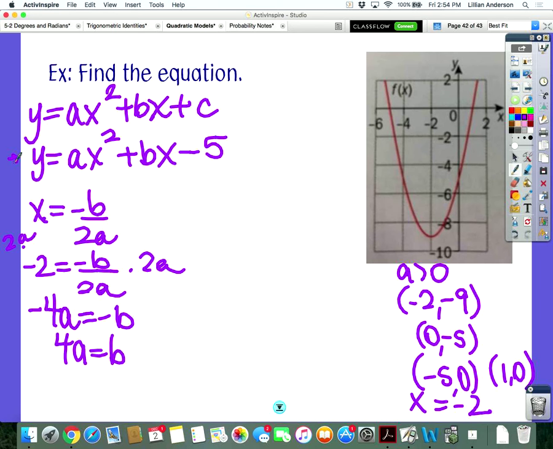And usually when that happens, we need another equation to do a system, okay? But if we're able to get one variable in terms of the other, we can actually take that and plug it in. Stay with me. I'm going to replace b with 4a.